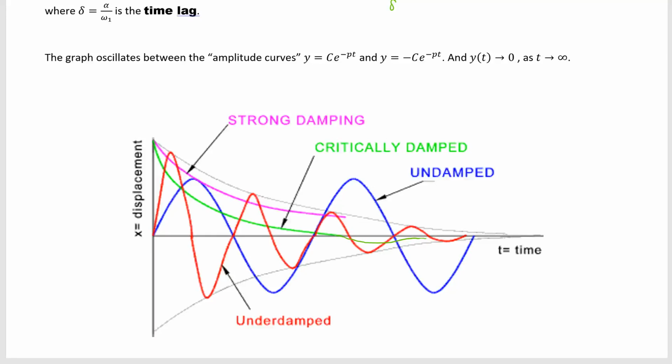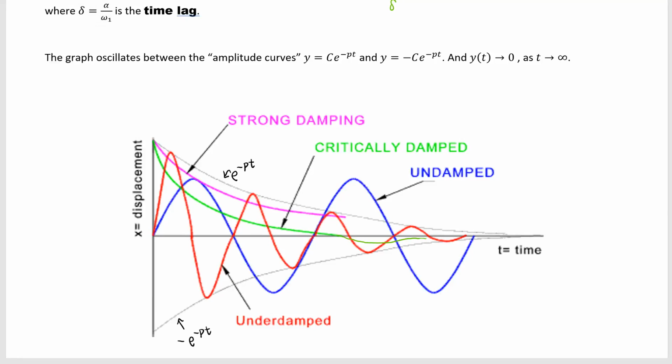And do you see the red line? The red curve is the underdamped case. So we are bounded by, let me write it down here, this upper curve, which is e to the minus p t, and this lower curve, which is negative e to the minus p t. And you can see the red curve is oscillating between them.